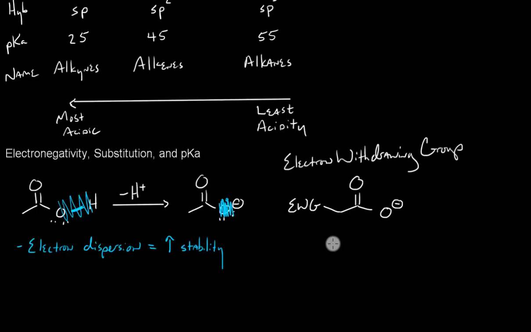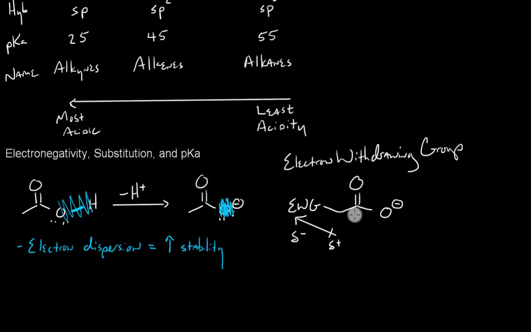The purpose of this electron withdrawing group is that you can think of it as any group that gives you a delta negative towards the EWG and a delta positive towards the other end of the EWG.